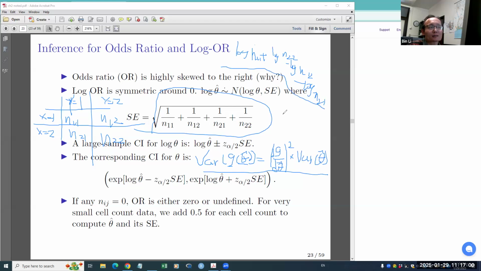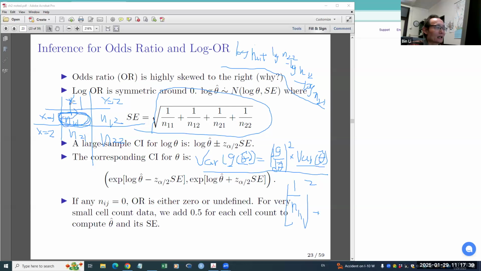So that's the log odds ratio. The g function is the log here. Using the delta method, you can easily see the variance equals 1 over n11 squared, plus 1 over n22 squared, and so on. But we also need to multiply by the variance of each count. What is the variance for this? When we have a large sample size, the count is the expected variance.